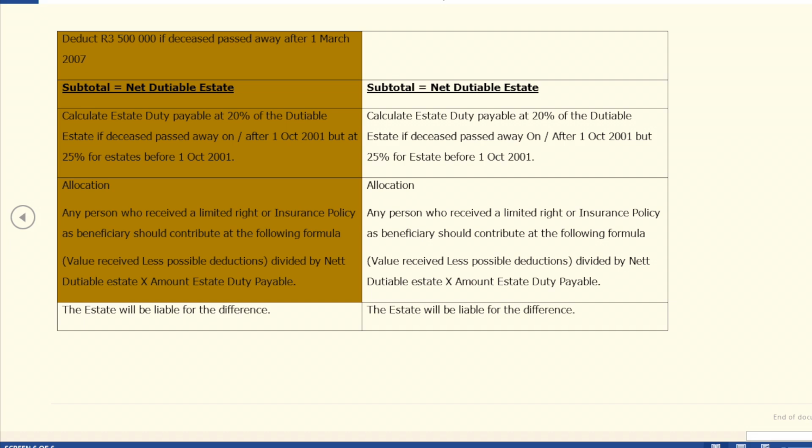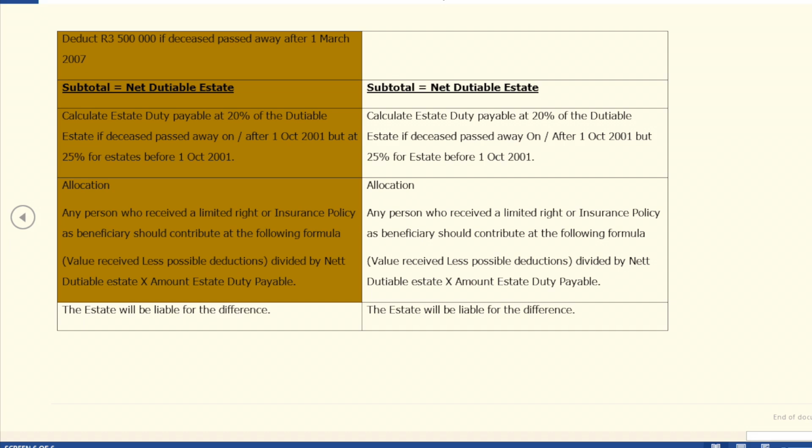And then on that you will calculate estate duty payable at 20% if the deceased passed away on or after 1 October 2001, but at 25% for estates before 1 October 2001. Then the same thing that happens in column A also happens in column B.